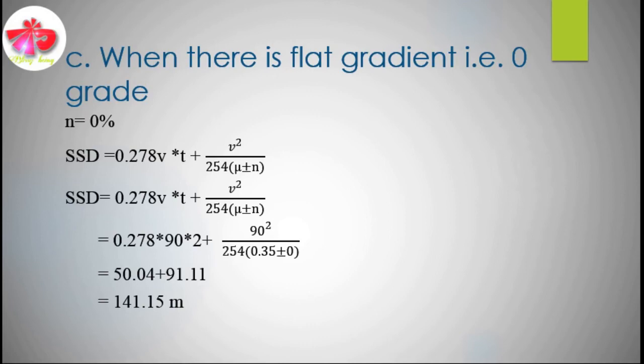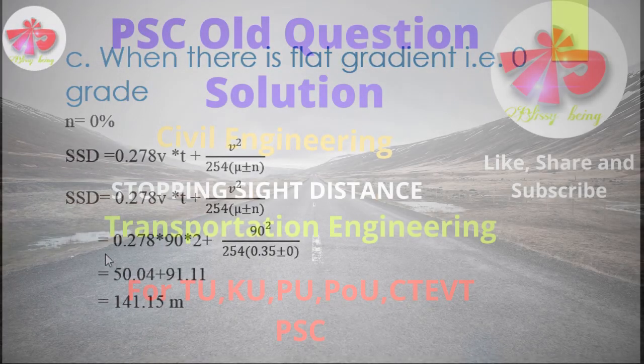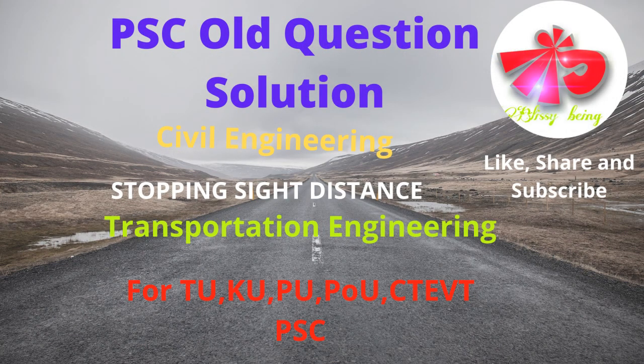So we have n = 0%, and if you substitute the above parameters in the formula of stopping sight distance, we can easily find that the lag distance will be 50.04 as found in the previous cases as well, and the braking distance will be changed because we have put the gradient n = 0% here, and this comes out to be 91.11 as the braking distance. If you sum this, the total stopping sight distance for the flat gradient comes out to be 141.15 meters.